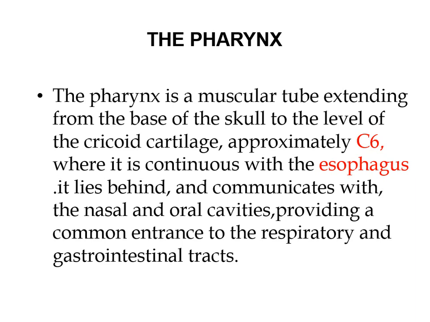Now, turning to another subject, which is the pharynx. The pharynx is a muscular tube extending from the base of the skull to the level of the cricoid cartilage, approximately C6, where it is continuous with the esophagus.